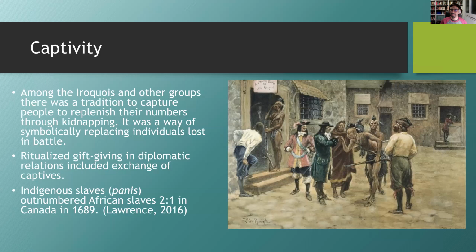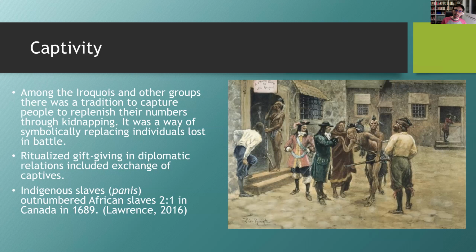So captivity arose in New England and New France because among the Iroquois and among other Native American groups, there was a long-standing tradition where warriors would capture people from other groups that they would attack in order to replenish their numbers.